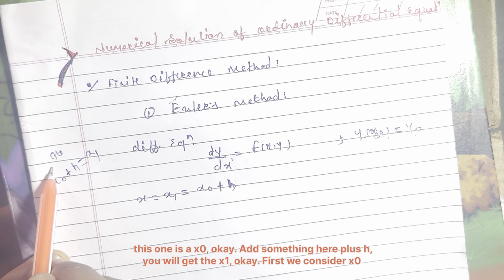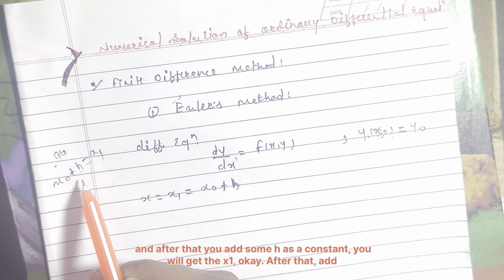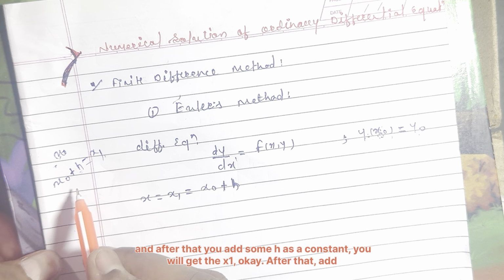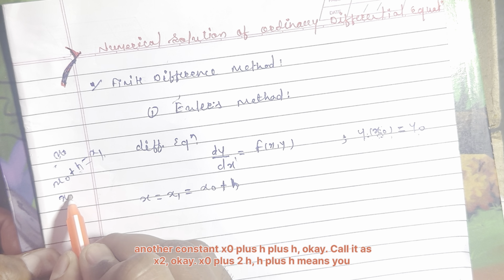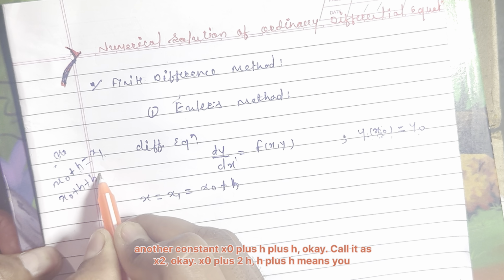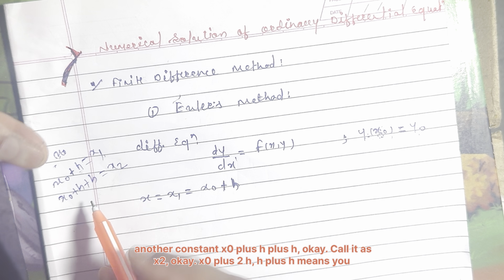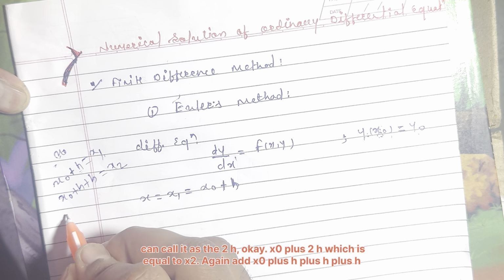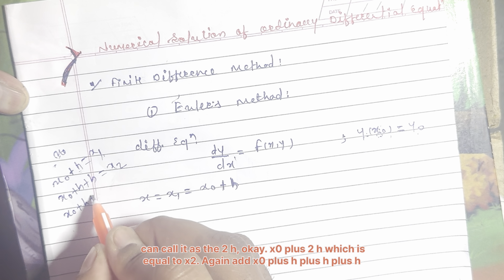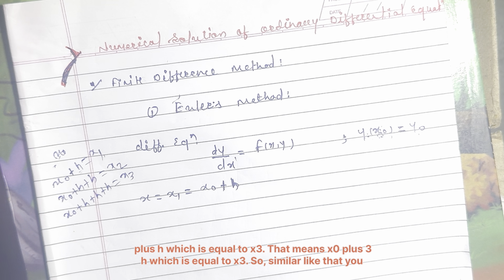First we consider x naught, and after that you add some h as a constant, you will get x1. After that add another constant: x naught plus h plus h, call it x2. H plus h you can call 2h, so x naught plus 2h is equal to x2. Again add h: x naught plus h plus h plus h is equal to x3. That means x naught plus 3h is equal to x3.